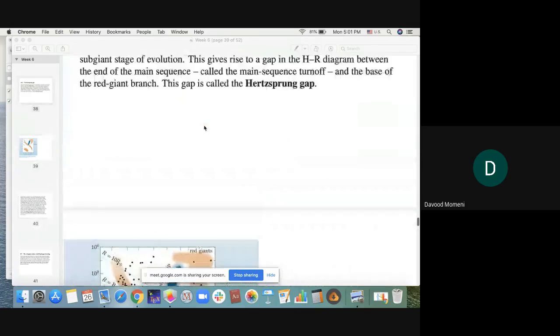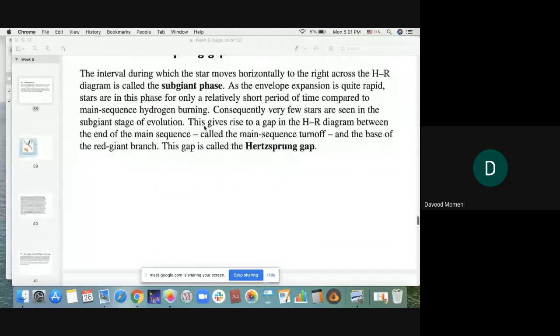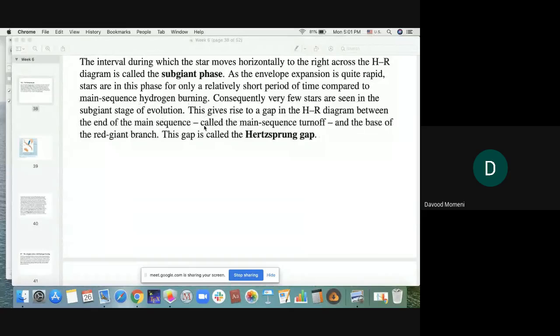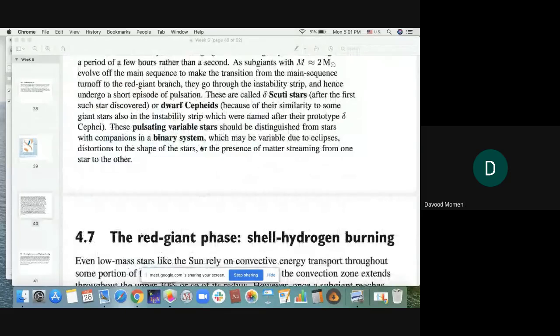Actually, the trick to trap everything in the subgiant phase is very difficult. That was the difficulty in detecting gravitational waves, because theoretically the binary merger is one of the best candidates.